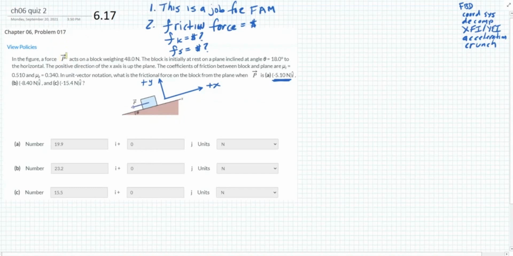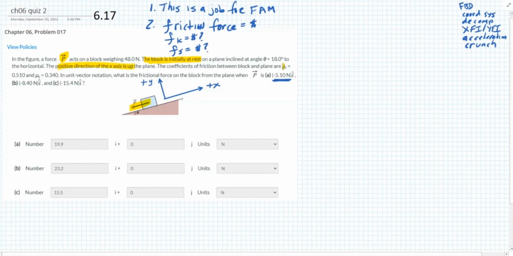It says, this force P, which is right here visually, is acting on a box weighing 48 newtons. The block is initially at rest. So that's noteworthy, I suppose. Maybe. I know theta. Positive X is up the plane. So I took care of that.